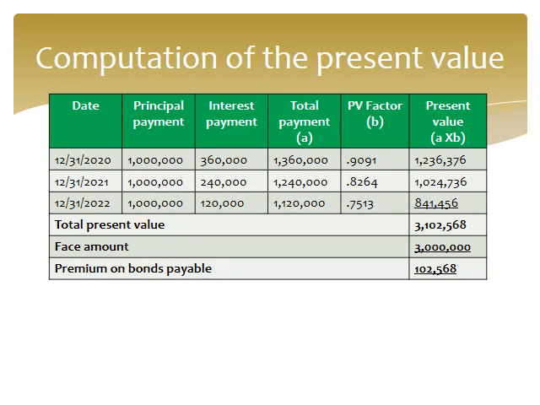Computation of the present value. Based on our previous information, we have 3 million face amount of the bonds, but that 3 million is payable annually, amounting to 1 million per year. So, therefore, meron tayong principal payment for year 2020 of 1 million, year 2021 of 1 million, and year 2022 of 1 million.